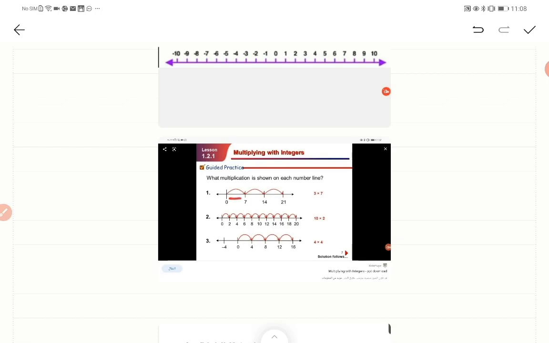By hopping 3 times, it had reached 21, right? So 21, when it is divided by how many? 3 hops. What is your answer? It is 7, right? So plus 7.